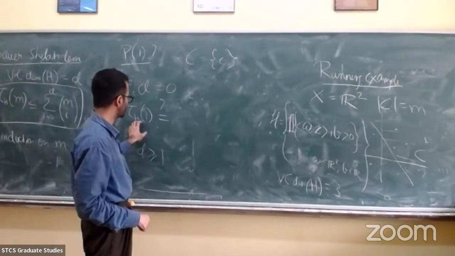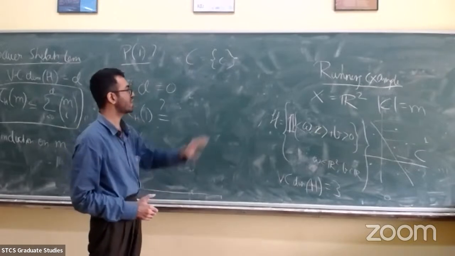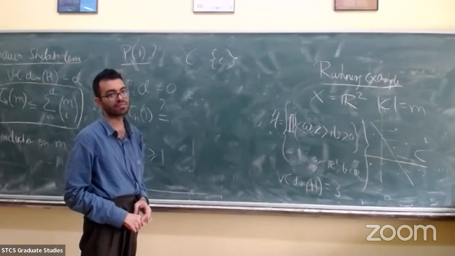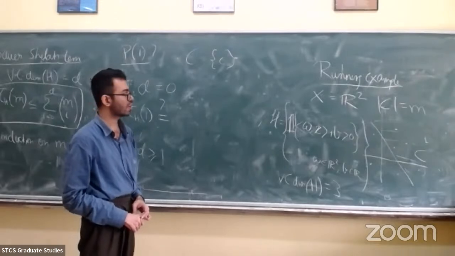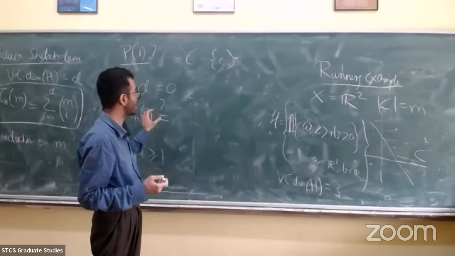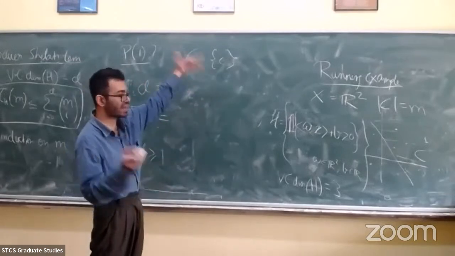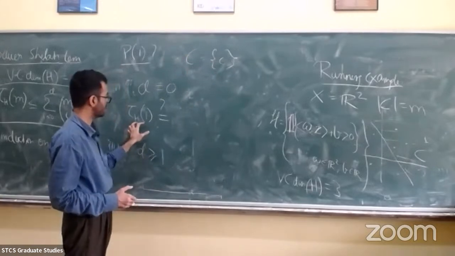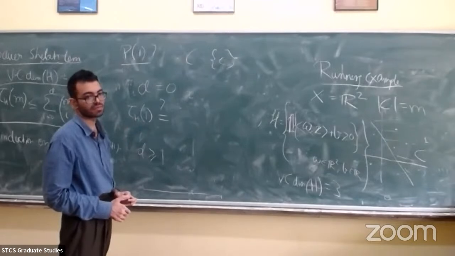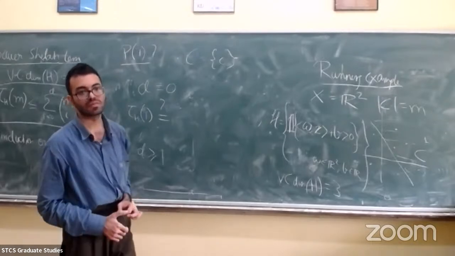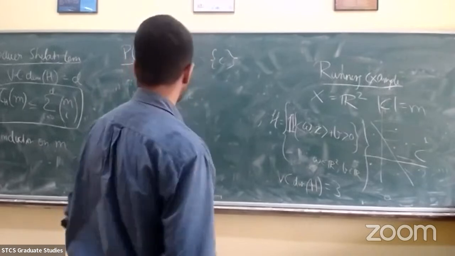Remember, the growth function says how many possible labeling vectors I can produce on C. Not 0, right?